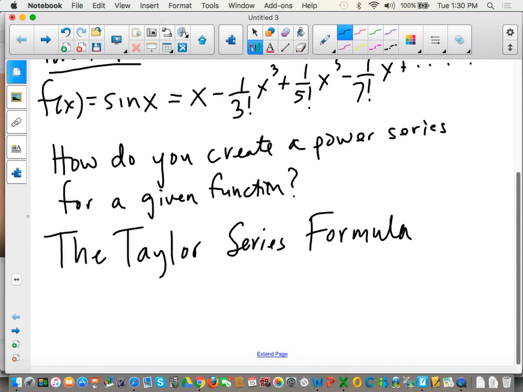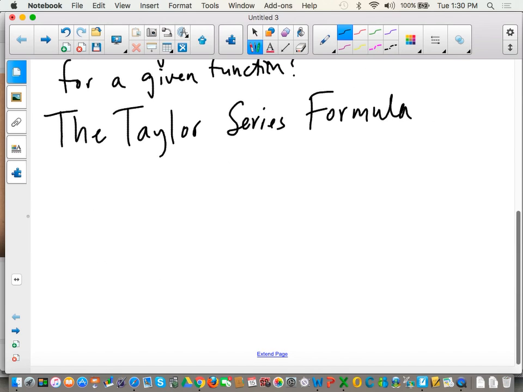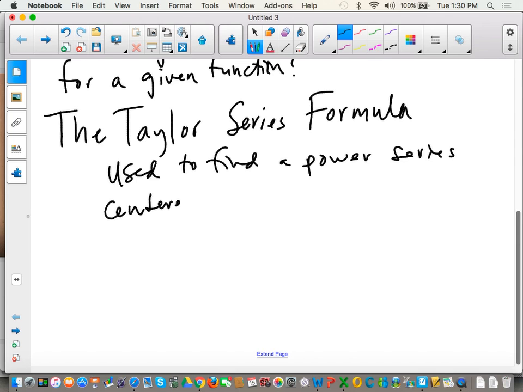Taylor series formula. So if I remember right, it's Brook Taylor, I think the guy's name was. English mathematician, apparently came up with this little formula here. So this is used to find a power series centered at x equals a.